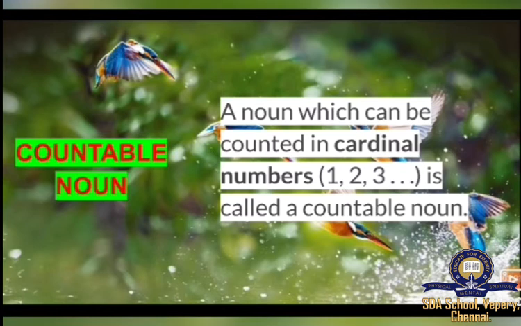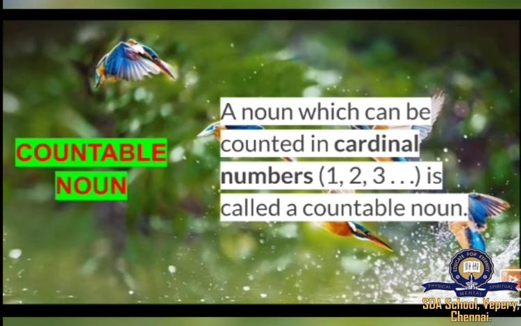For example, just like how we saw shoes in the list can be counted, right? I can pack 1 shoe or 2 shoes or how many ever I need. So it is a countable noun. A countable noun is nothing but a noun which can be counted in cardinal numbers.